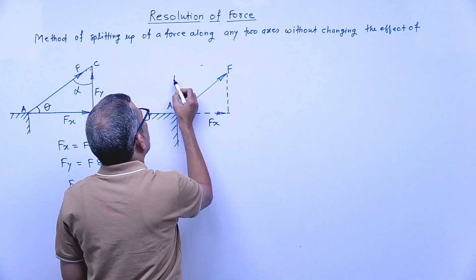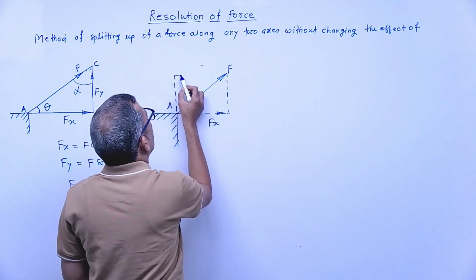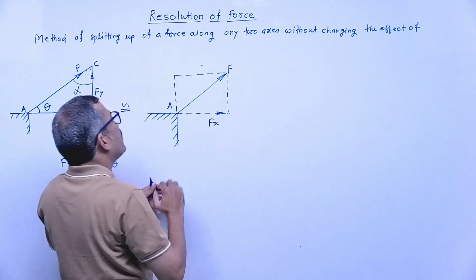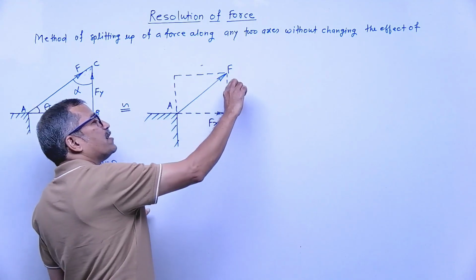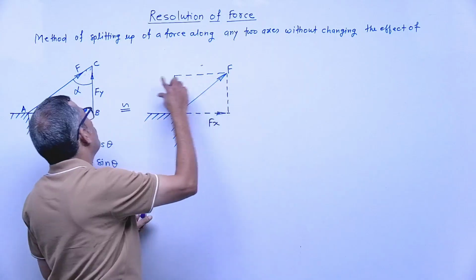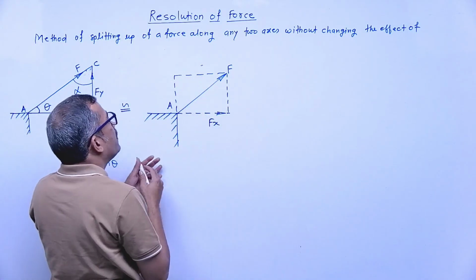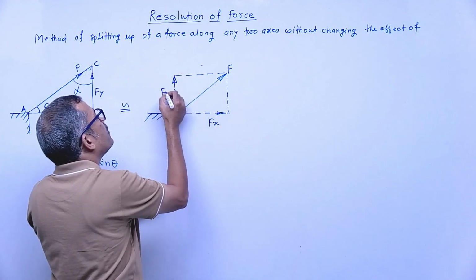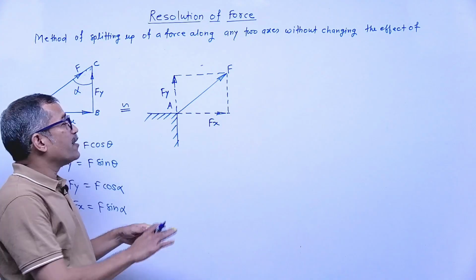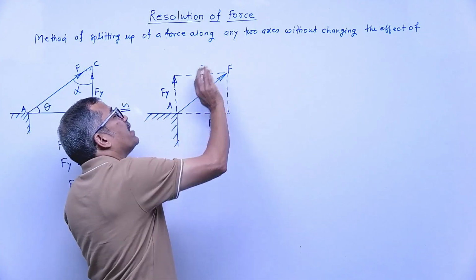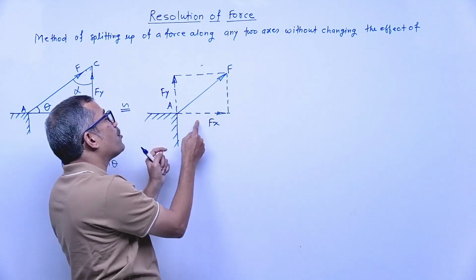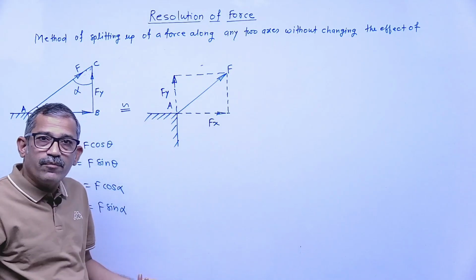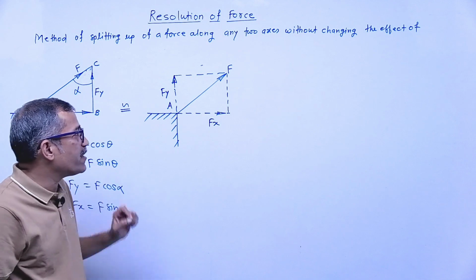If I construct a rectangle, the length of this vertical side and this vertical side is the same. So instead of representing Fy here, I will represent Fy at this location. So this is your Fy. That means when force F is acting at A and we replace it by these two components, both act at the same point A, which is logically perfect, right?